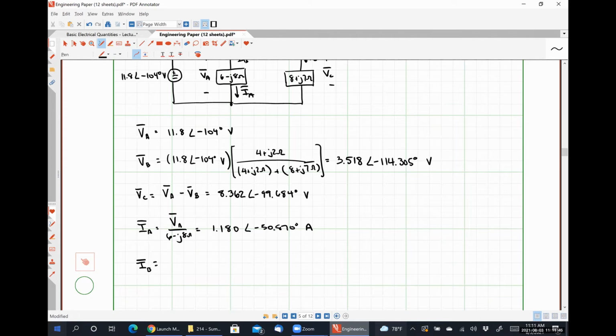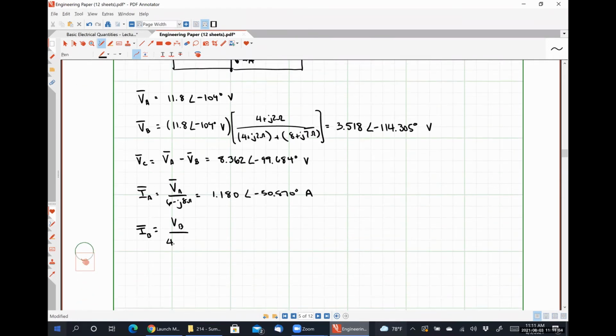IB would be VB over 4 plus J2, which I get to be 0.787 with an angle of negative 140.870 degrees.